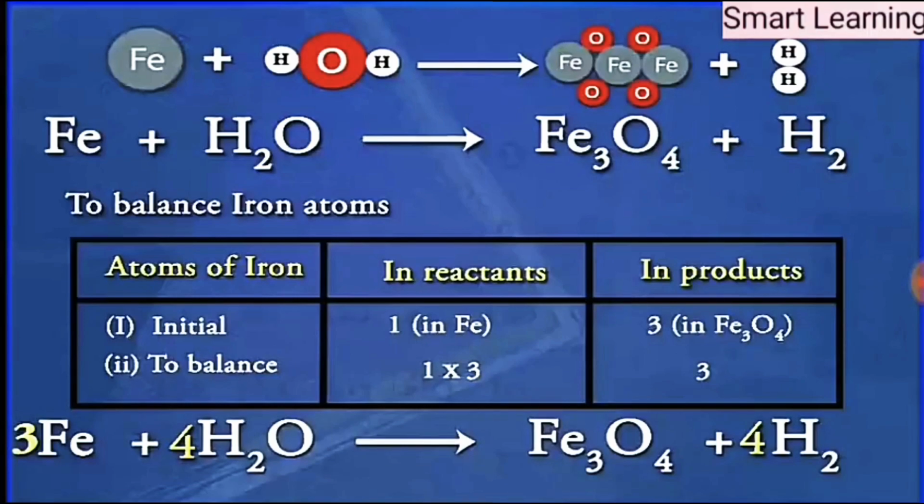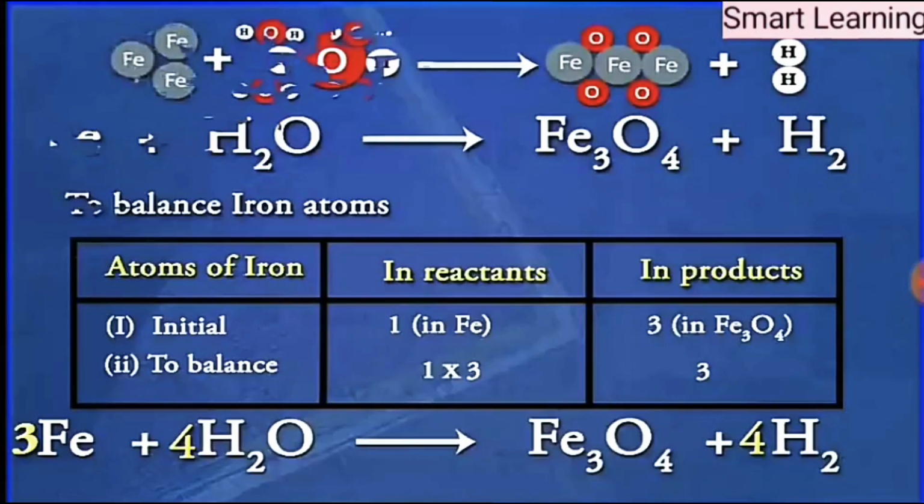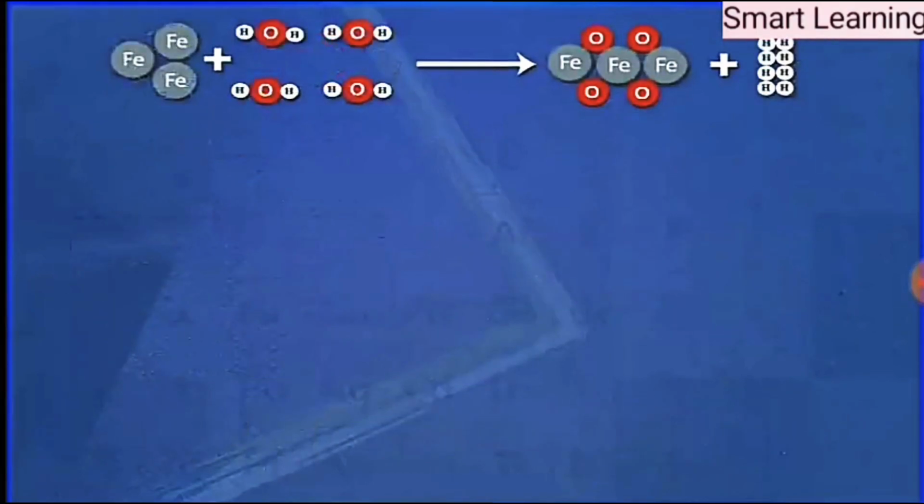Fe plus 4H2O gives Fe3O4 plus 4H2. Finally, to check the correctness of the balanced equation, let us count the atoms of each element on both sides of the equation.